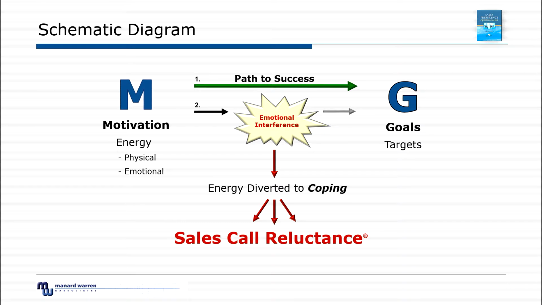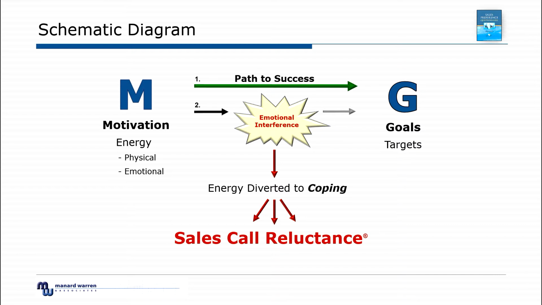Typically, when we suffer from call reluctance, what occurs is that motivation that could be going into revenue-generating activities is actually going into escape route behaviors. That's why call reluctance is such a big deal, and why it's so costly for so many salespeople, is because it's actually costing you in lost commission dollars.